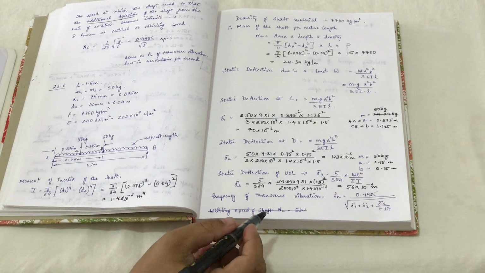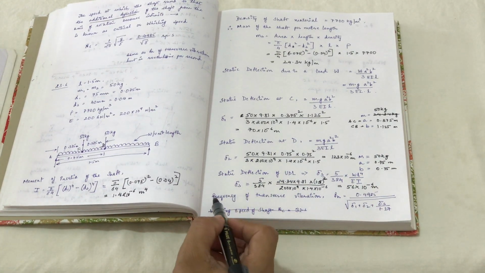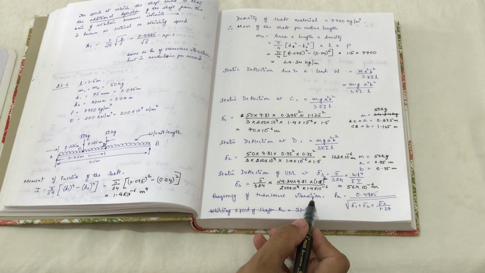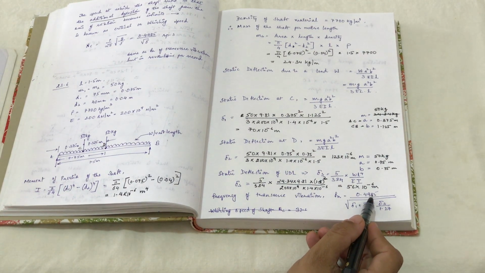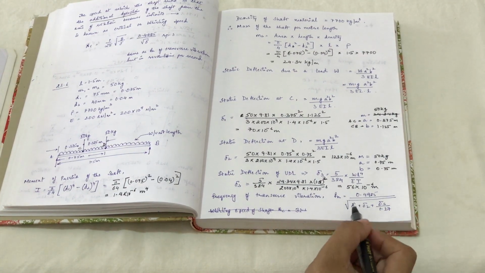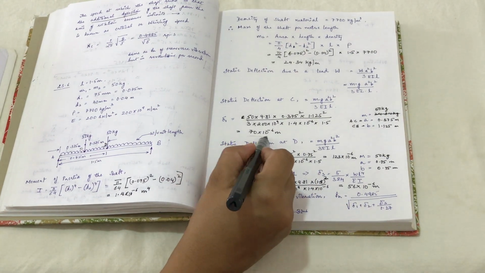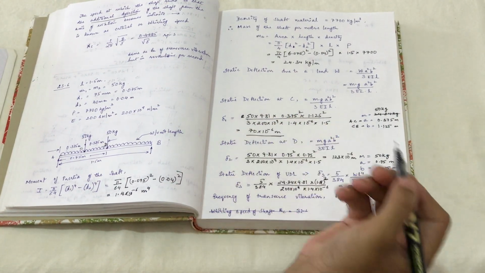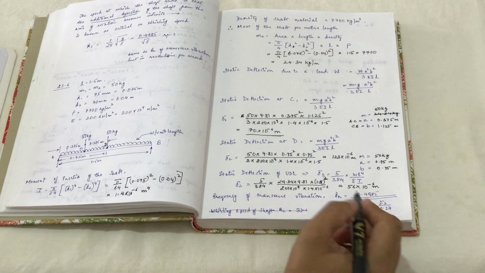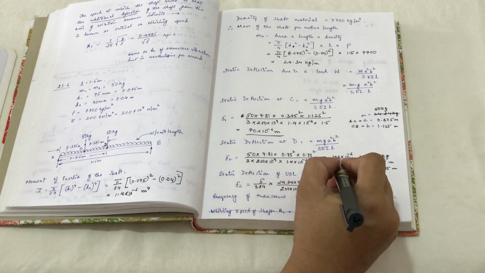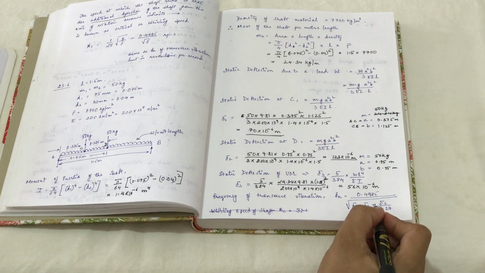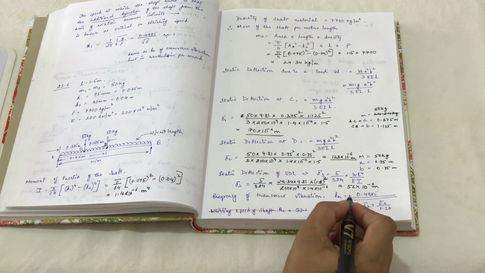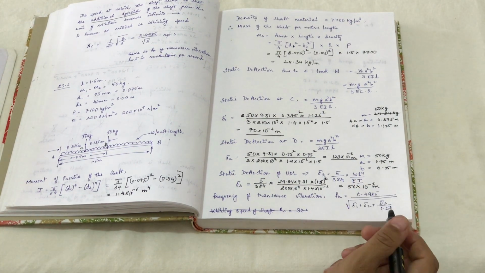So from Dunkerley's method, the formula for natural frequency of transverse vibration is equal to 0.4985 divided by root of delta 1, 70.9 into 10 power minus 6, plus delta 2, the value for delta 2 is this one, plus delta S, 56 into 10 power minus 6.